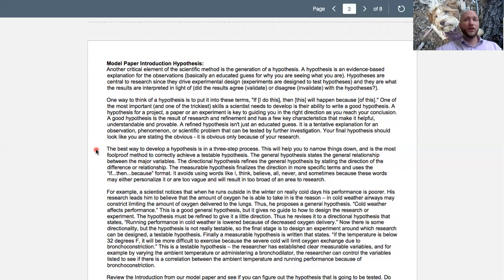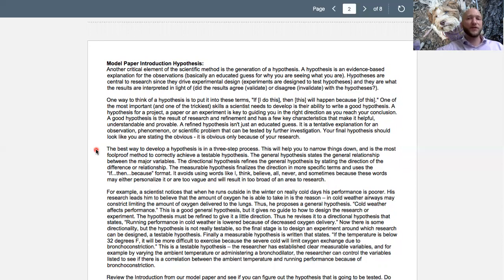I want your hypothesis to be in a very specific form, because having your hypothesis in this specific form helps you understand this experiment, but also if you get into research, having a hypothesis in this form helps you design an experiment.